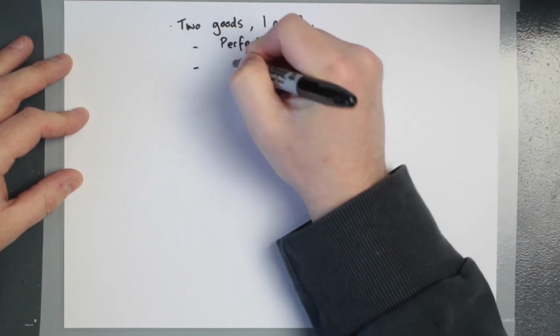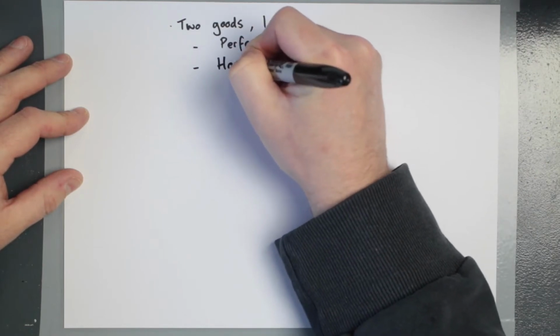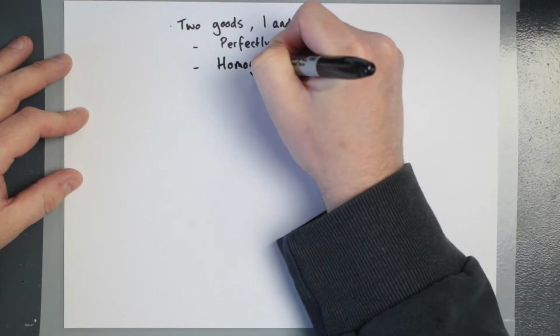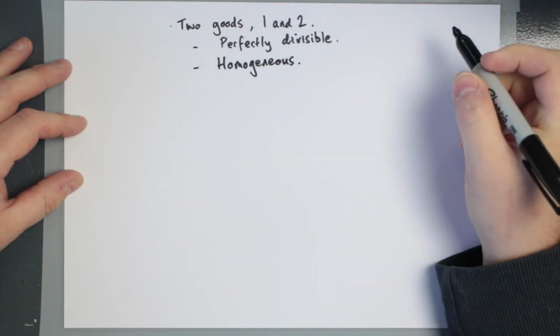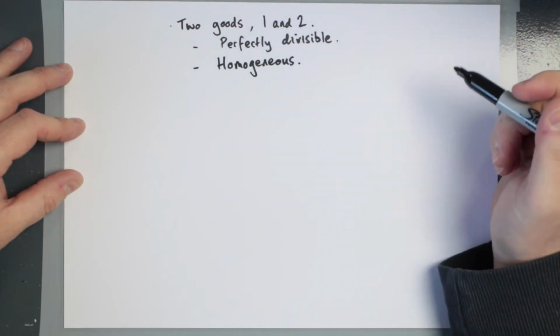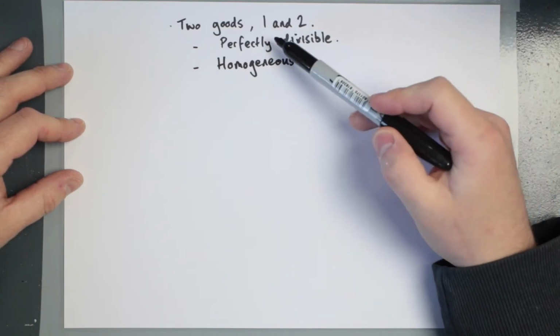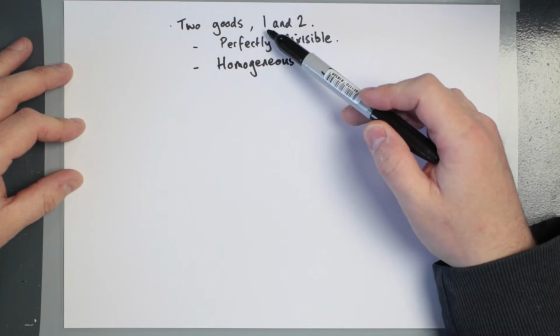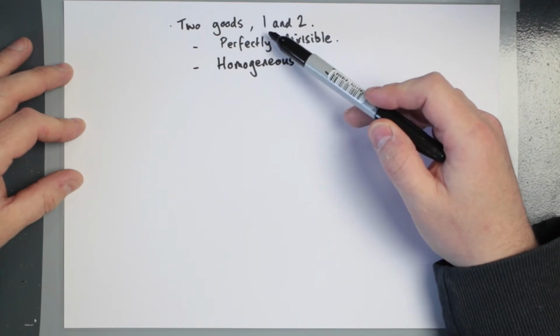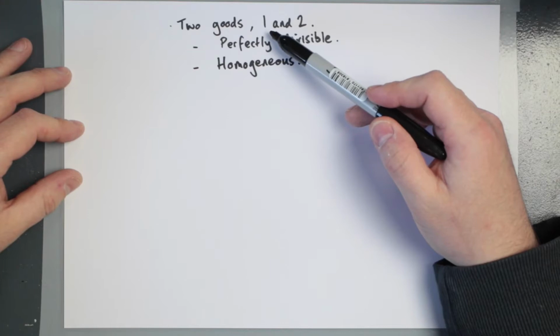The second assumption we will make is that each good is what we call homogeneous. Okay? Now, homogeneous does not mean that goods 1 and 2 are the same. What it means is that if I look at good 1, then any unit of good 1 is the same as any other unit of good 1.